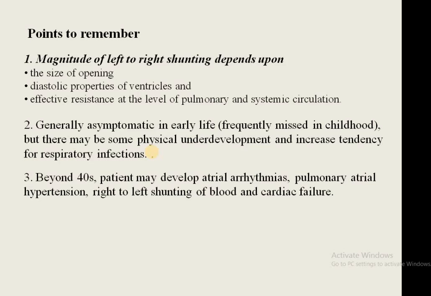And why does this happen? This happens because with continuous shunting of the blood from left to right, the right atrial overload, or the blood in the right atrium, increases, or the right atrium needs to bear more load. That load transfers to the right ventricle.